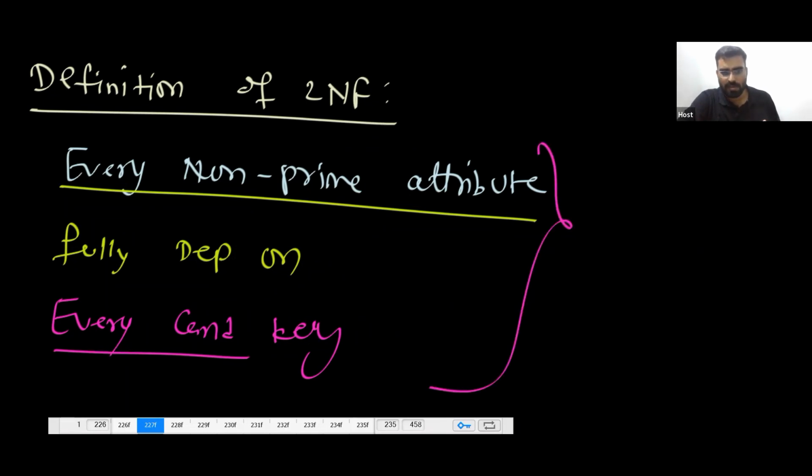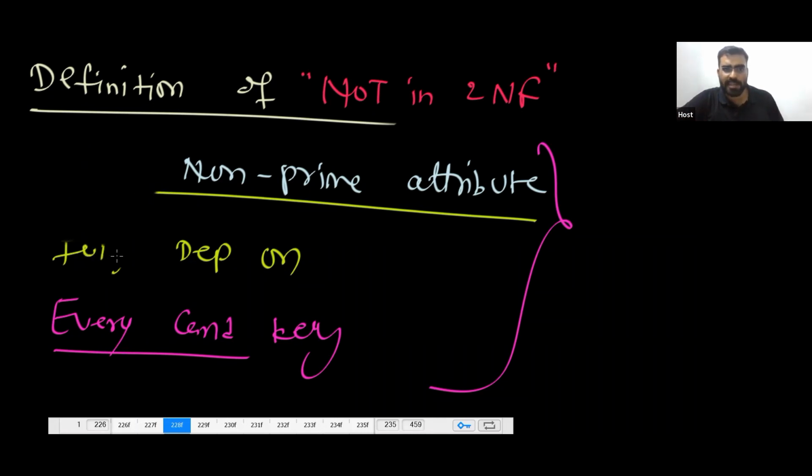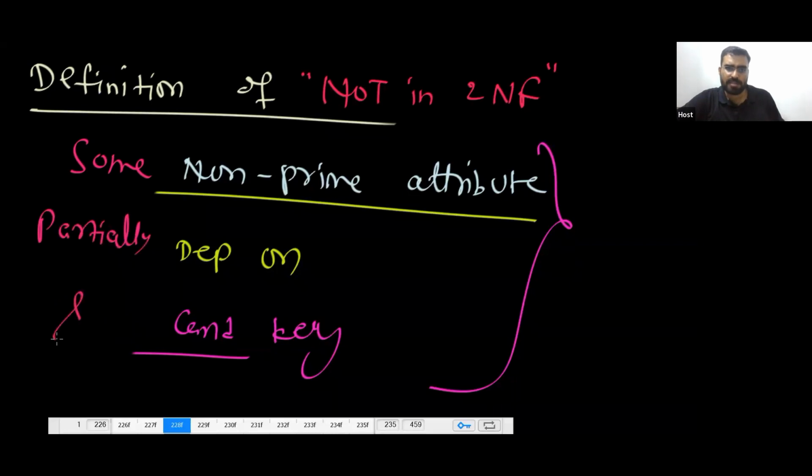Now, what is the definition of not in 2NF? That will be: some non-prime attribute is partially dependent on some candidate key. Yes or no?